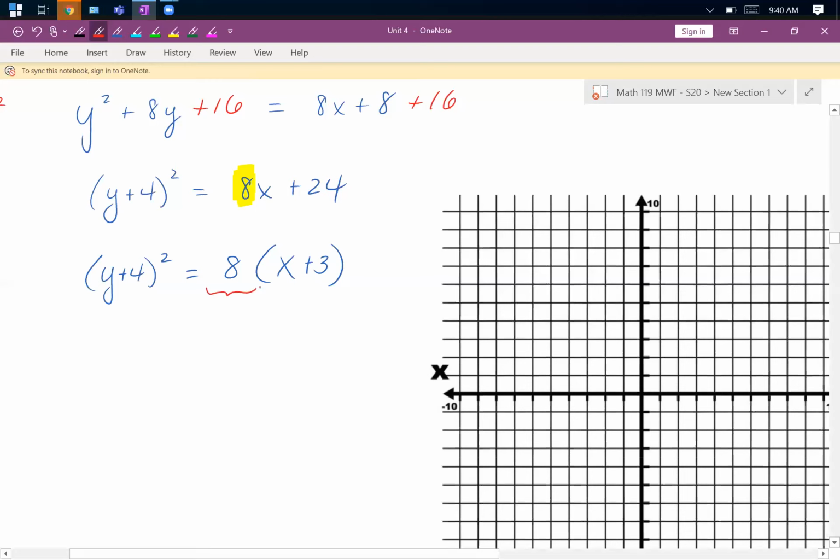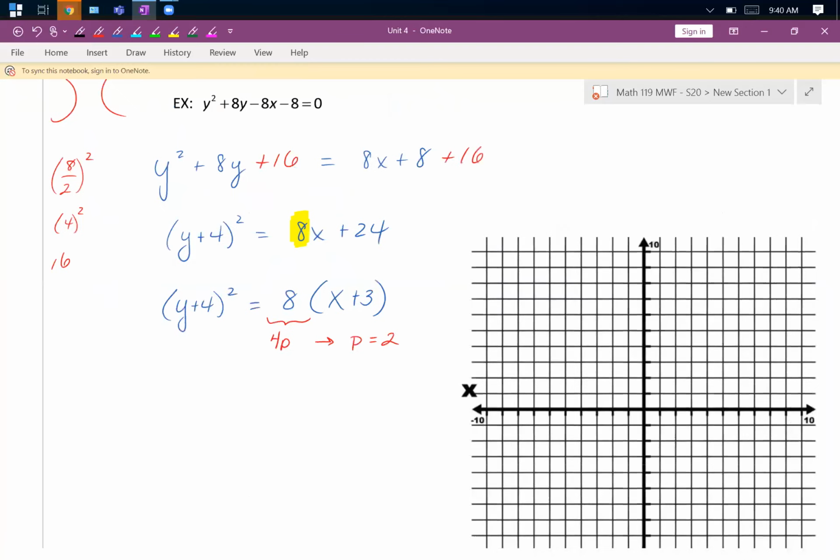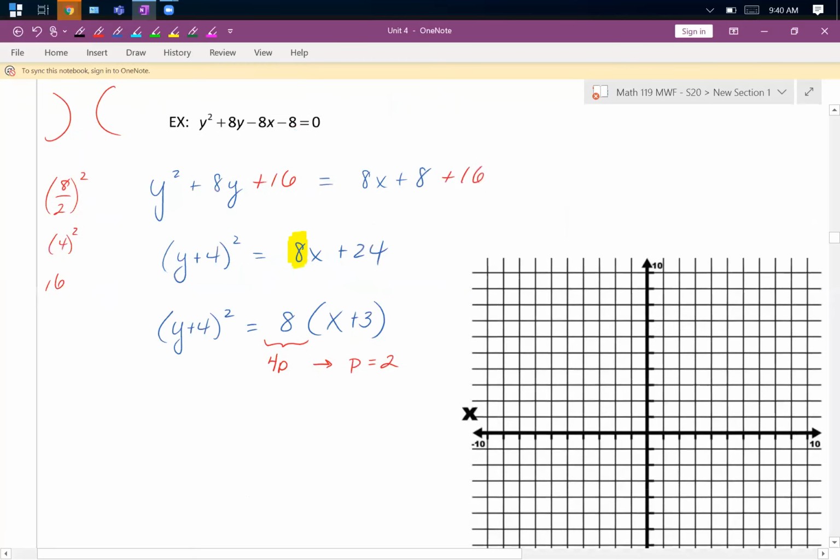We know that this out here is 4p, so that means that p is going to be equal to positive 2. Since p is equal to positive 2, that tells us that our parabola is going to be opening to the right.